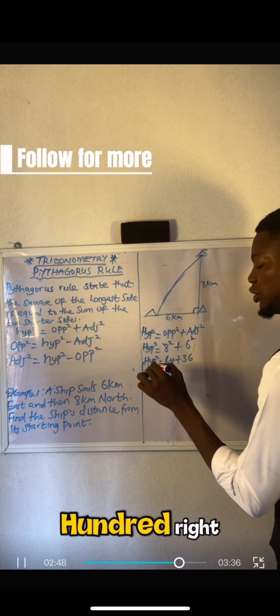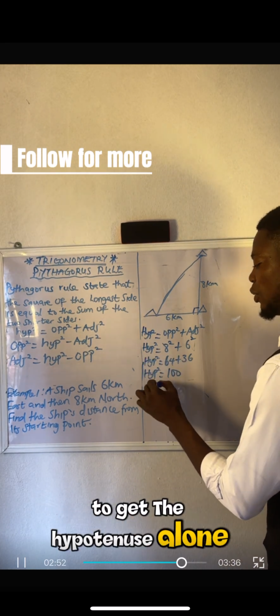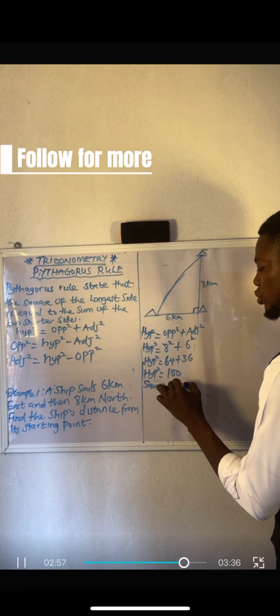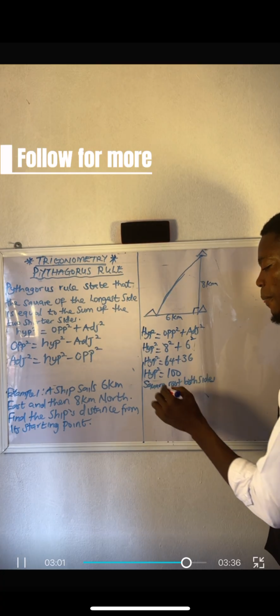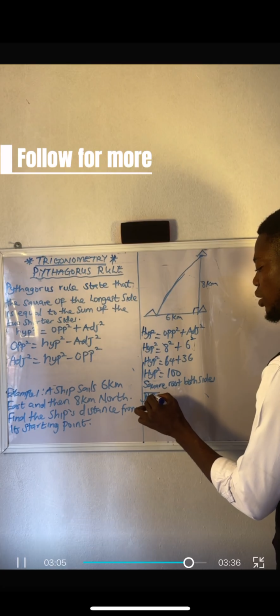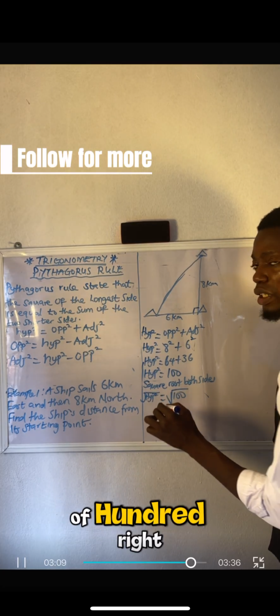That is 100, right? That is, to get the hypotenuse alone, we are going to square root both sides, right? That is to say, square root of hypotenuse square is equal to square root of 100, right?